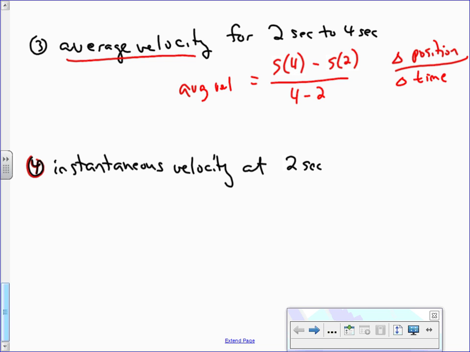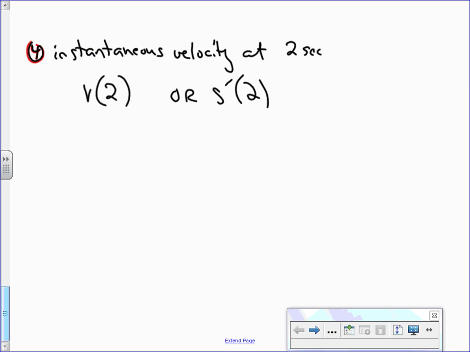Instantaneous velocity means the velocity right now at some specific point in time. So for instantaneous velocity, you would do V and you would plug in 2, which is the same thing as saying the derivative and plug in 2. Those are the same thing. Any questions about that one?